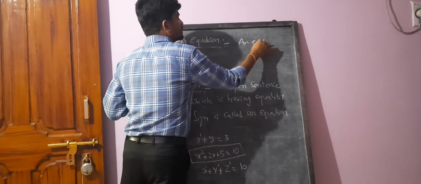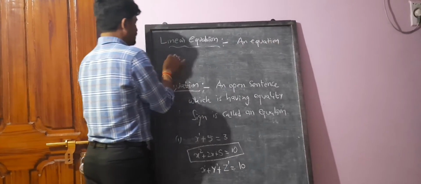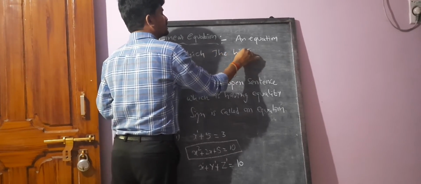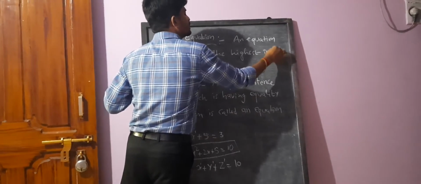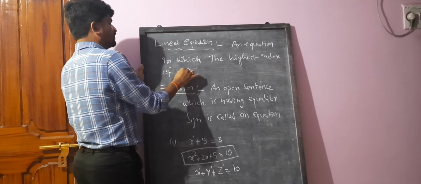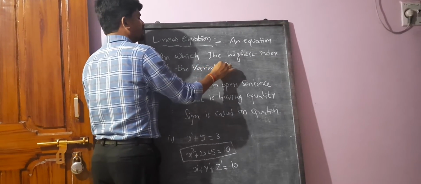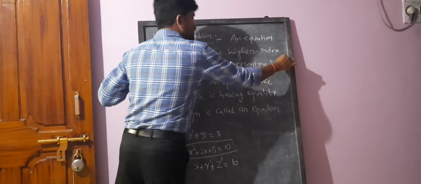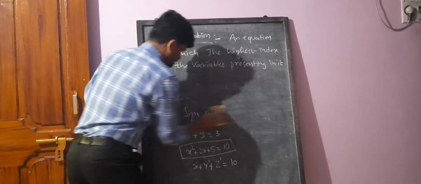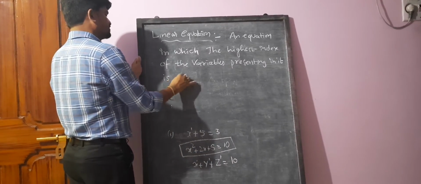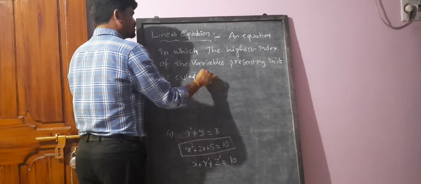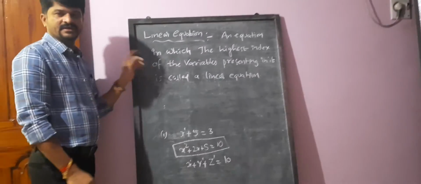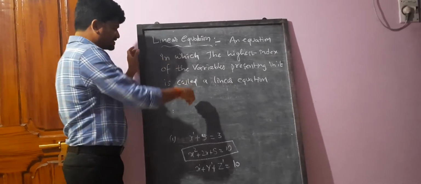An equation in which the highest index of the variables present in it is 1 is called a linear equation. Clear, children?